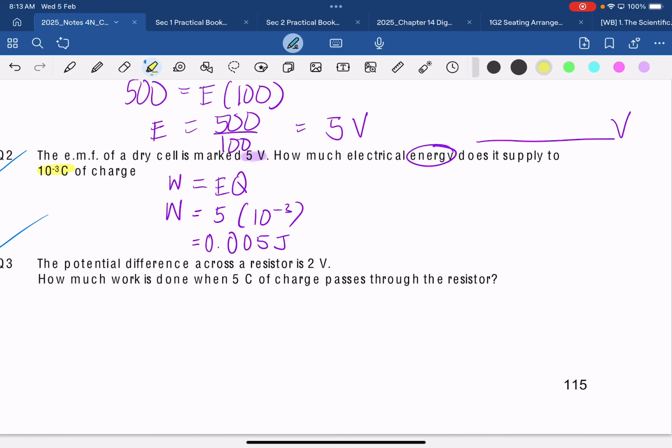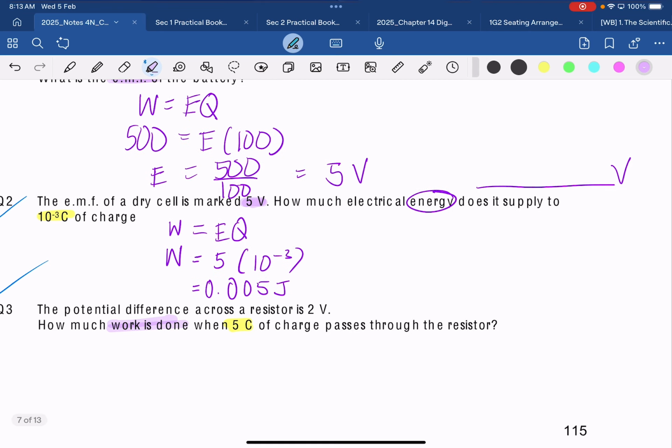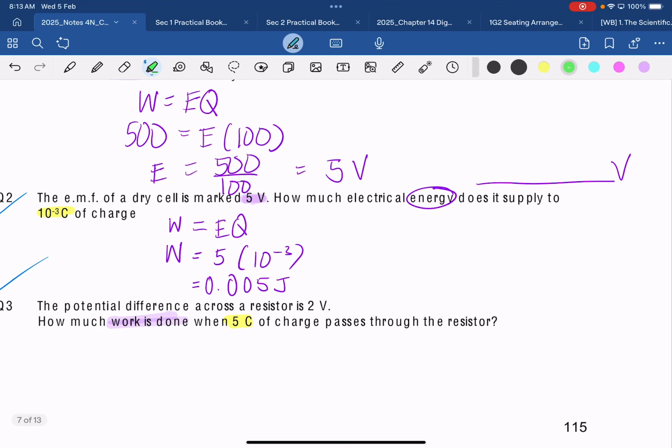Next, work done. So definitely over here, you're finding your W, your energy. Your voltage is here, energy unknown. So again, W equals EQ. W equals 2 times 5, answer 10 joules.